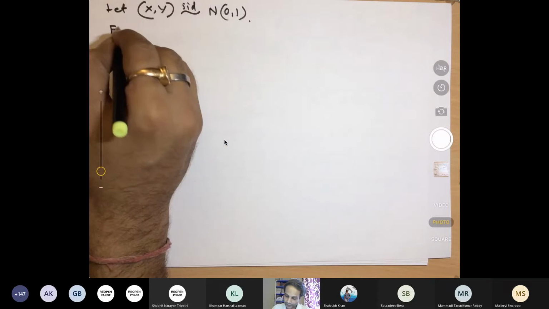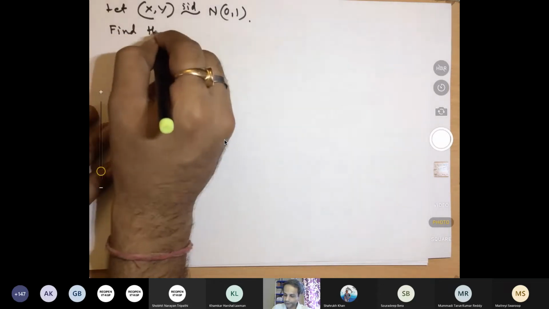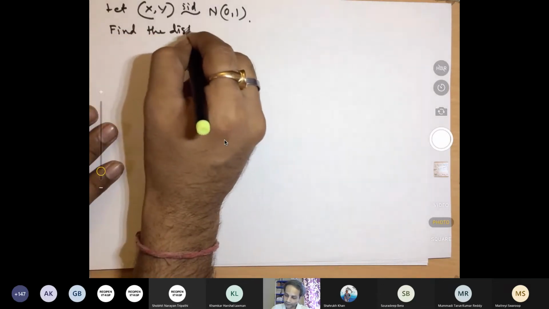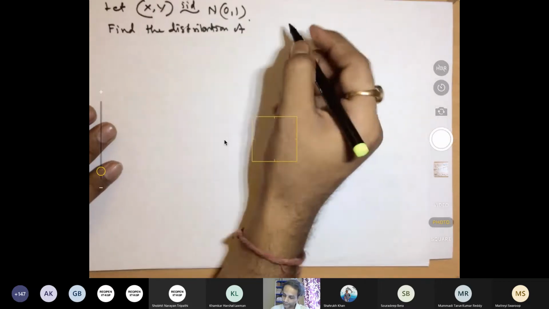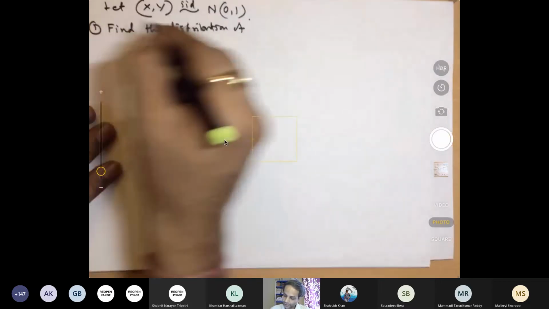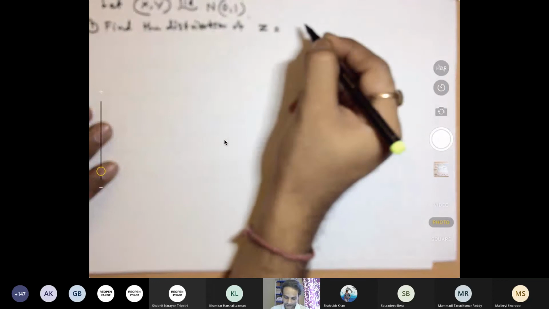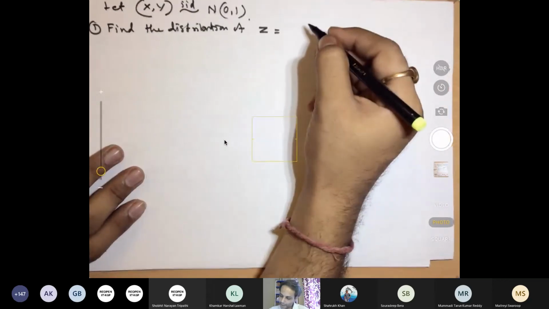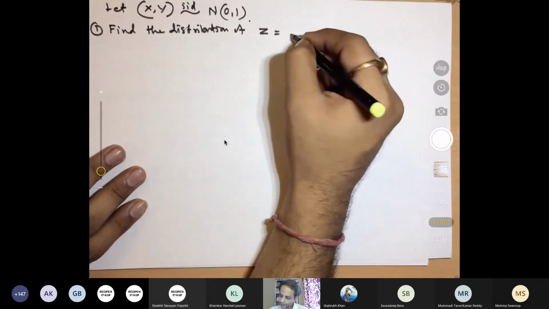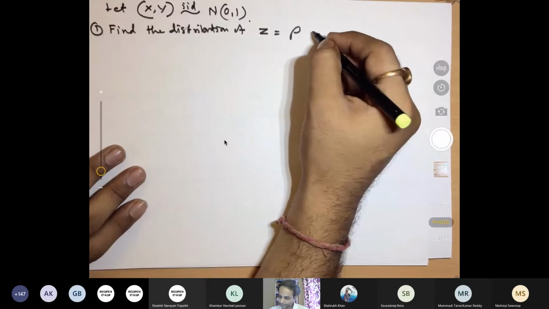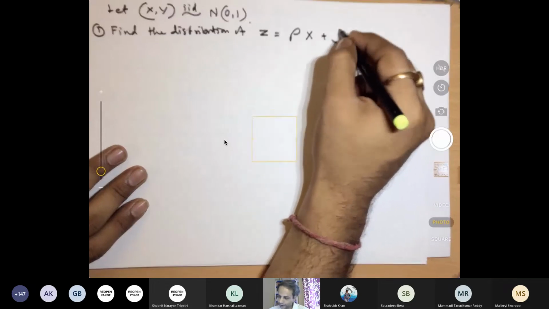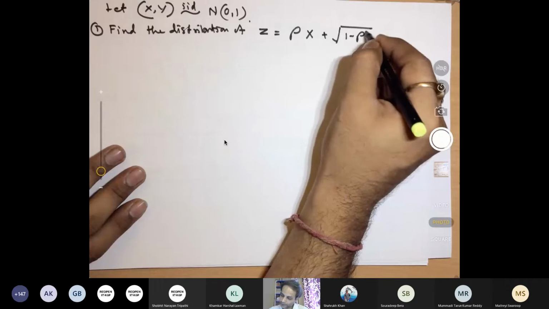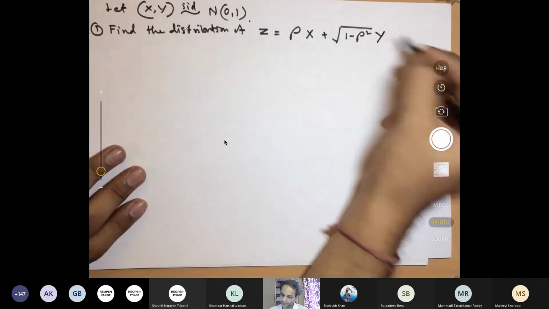Find the distribution of, so I'm leaving this one as a homework, Z equals rho times x plus square root of 1 minus rho square times y.